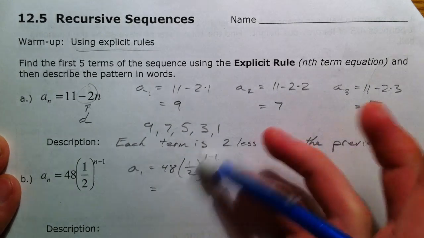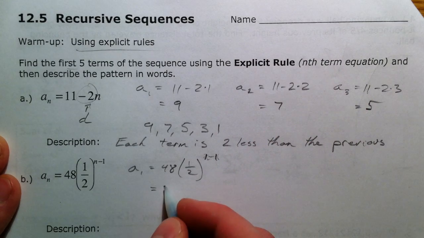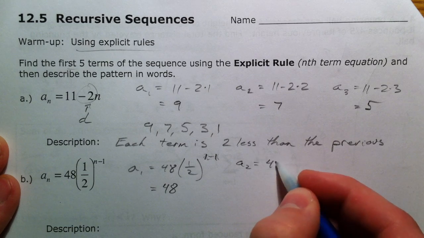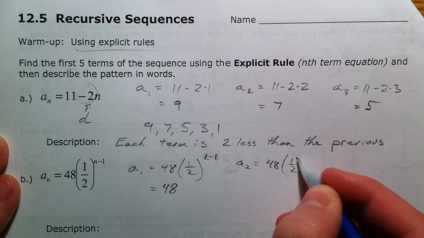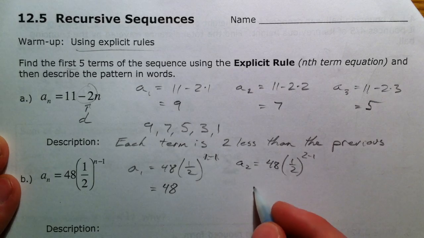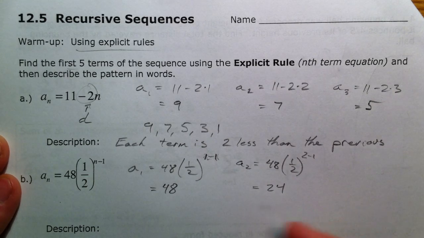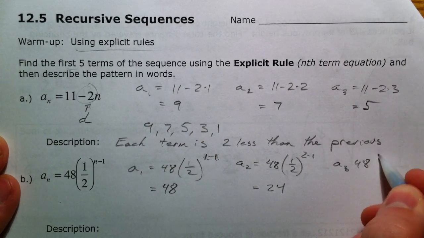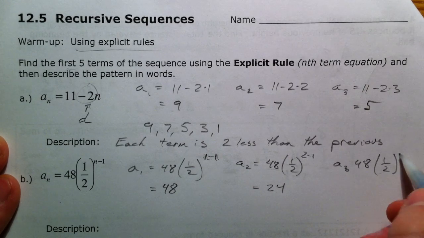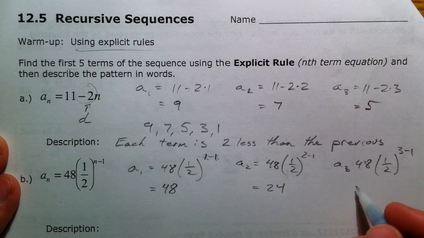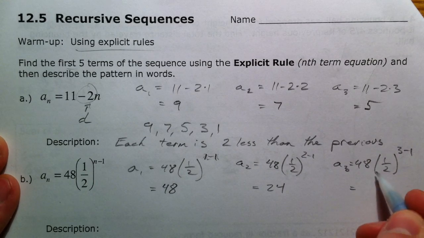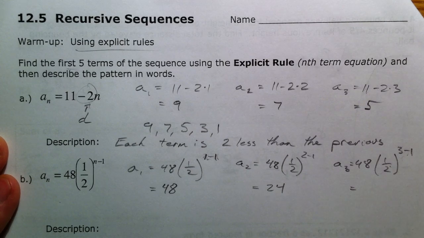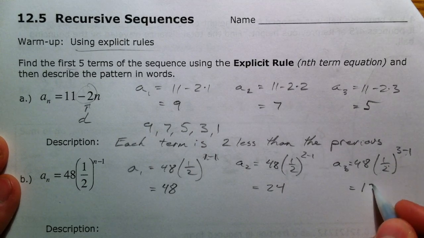So 1/2 to the 0 is 1, so a sub 1 is 48. A sub 2, 48 times 1/2 to the first, 24. And a sub 3 is 48 times 1/2 squared, which is 1/4 of 48, which is 12.